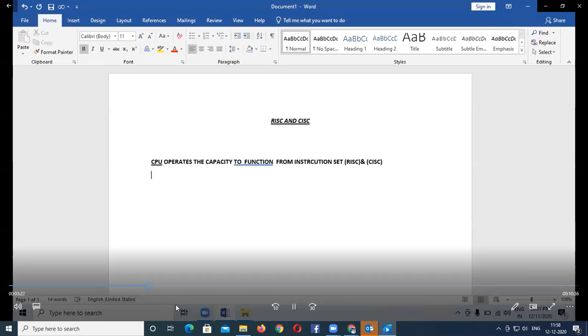The hardware part is named complex instruction set computer, that is CISC, and the Apple hardware is reduced instruction set.